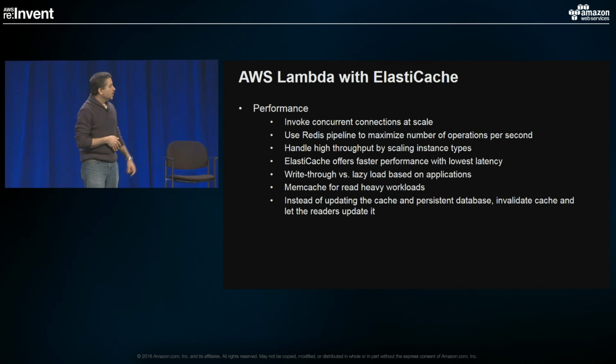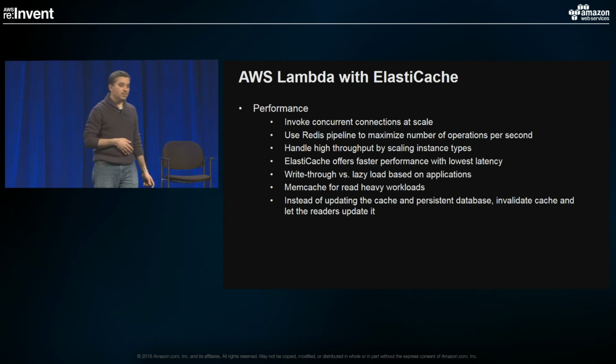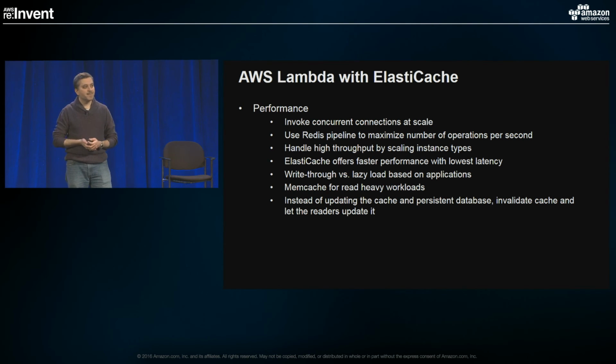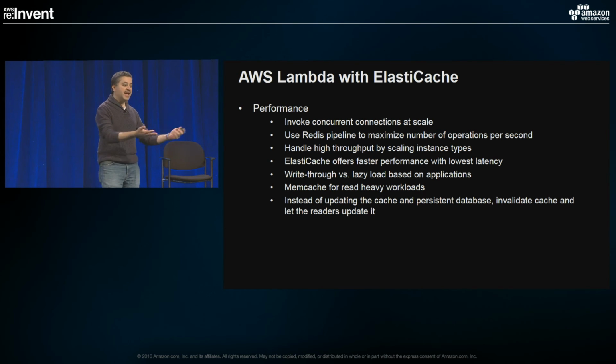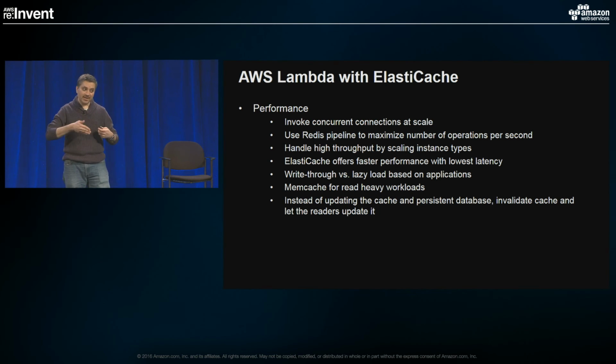However, if you're doing write through, then you need to see the read latency. Usually applications are more tuned towards a little latency on the write side than on the read. You always want to get the reads faster.